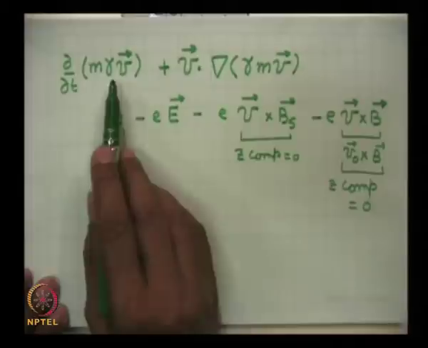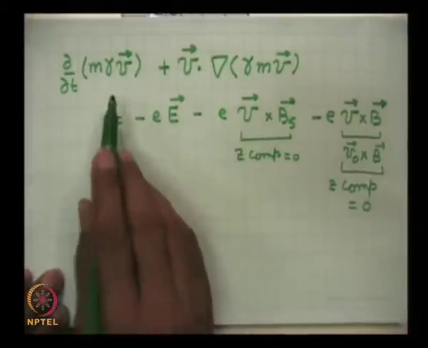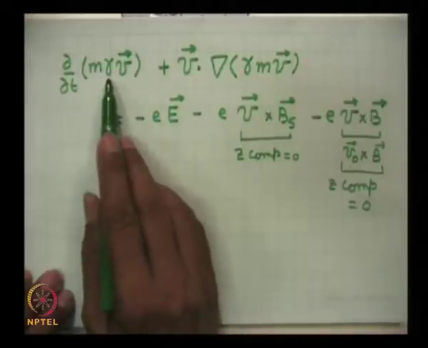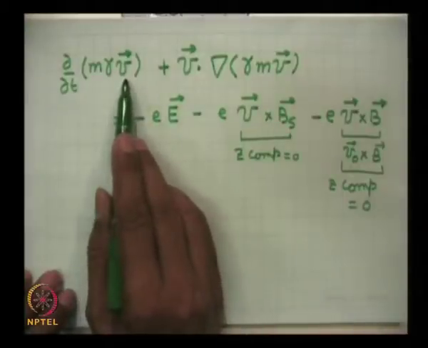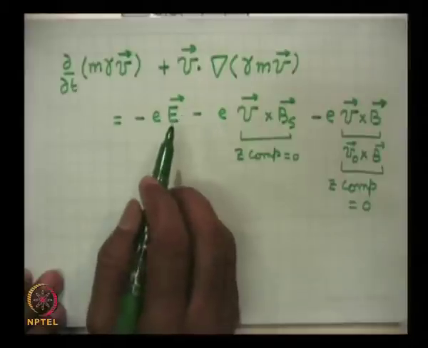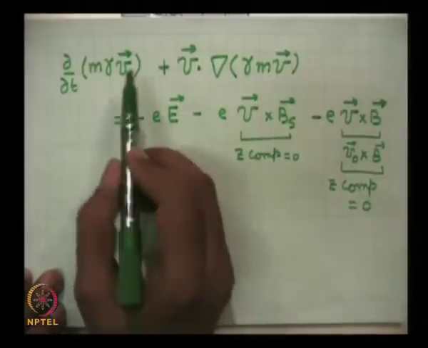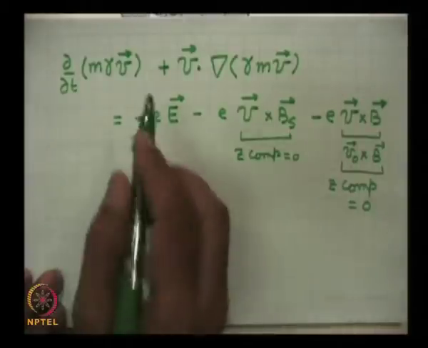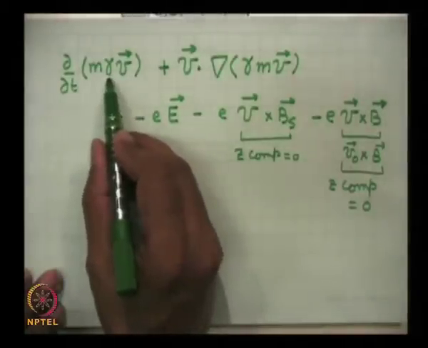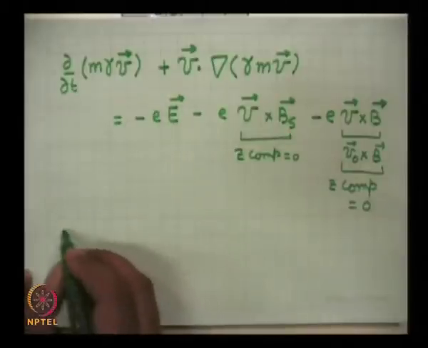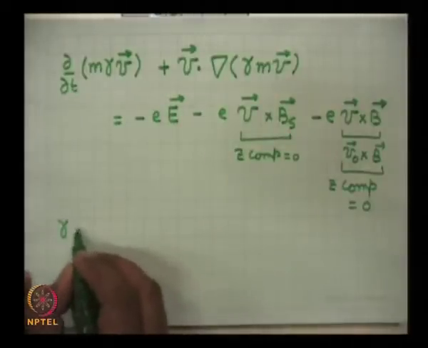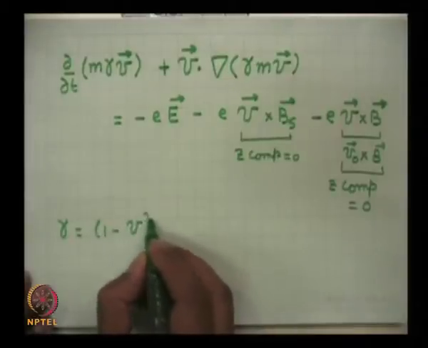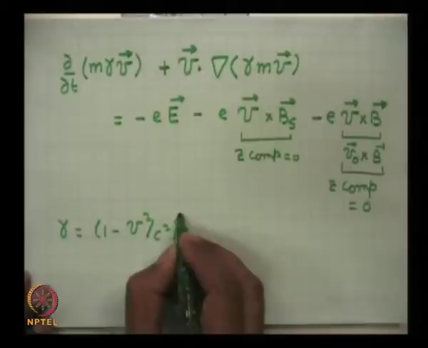So when I write down here and divide this equation by mass, which is the rest mass, gamma is the Lorentz factor, V is the electron velocity. In order to simplify these terms, I need to find the product of gamma V. Let us see what is gamma. Gamma as before is 1 minus velocity square by c square to the power minus half.